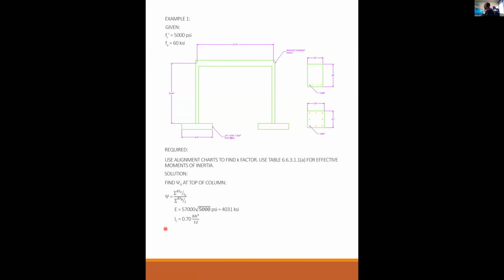My moment of inertia is 70% of bh cubed over 12. For the column, that's 70% of 20 times 20 to the third over 12, which is 9,333 inches to the fourth. The height of my column is 24 feet or 288 inches.